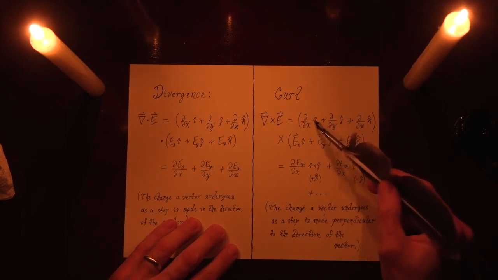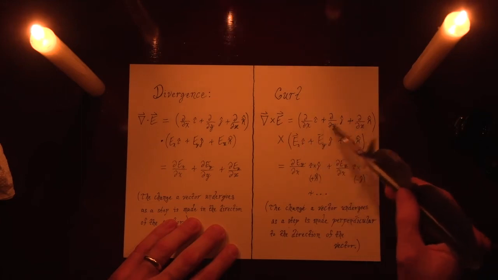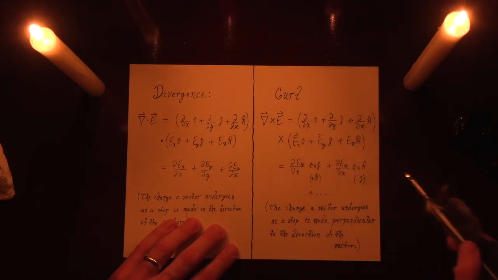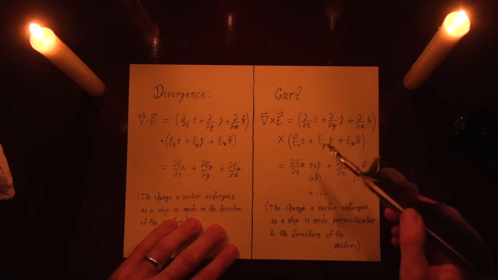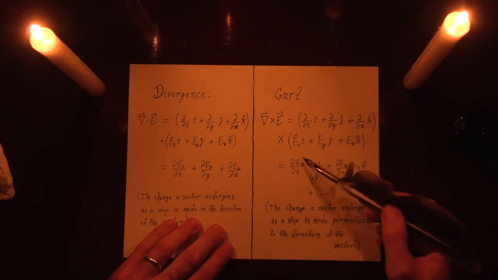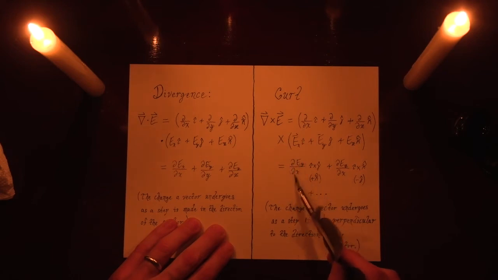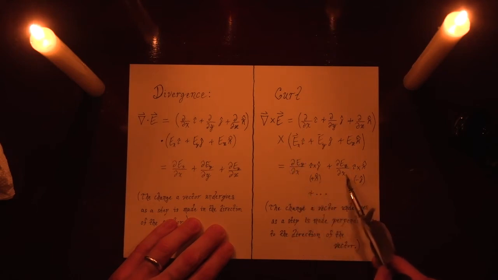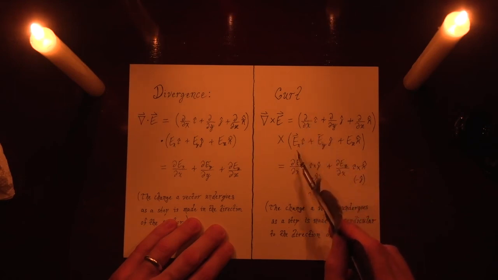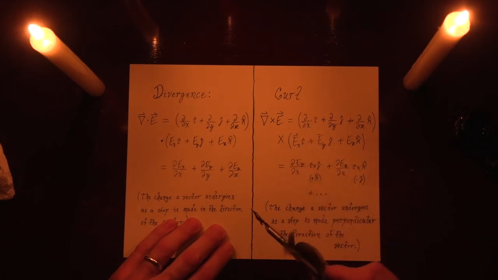But then I would have to do that cross product for the y derivative to all three of these. So I'd have a lot of terms here. In fact, 9 of them, and some of them would be 0. But what does that mean? That I'm taking the x derivative of the y component and the x derivative of the z component, but not the x derivative of the x component.